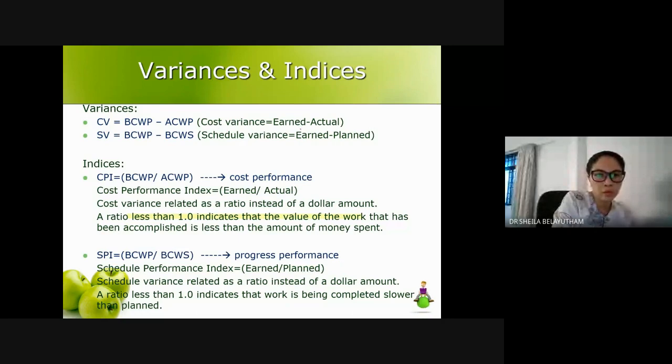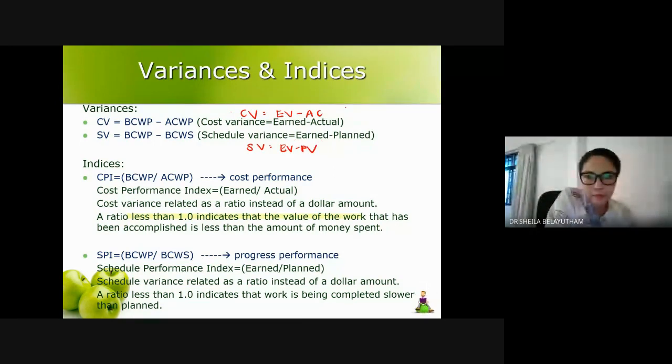Cost variance equals your earned value minus your actual cost. Schedule variance equals your earned value minus your planned value.